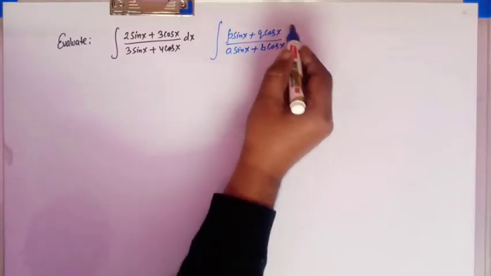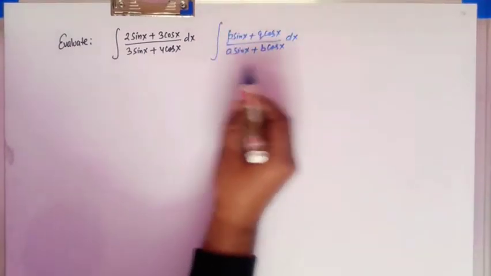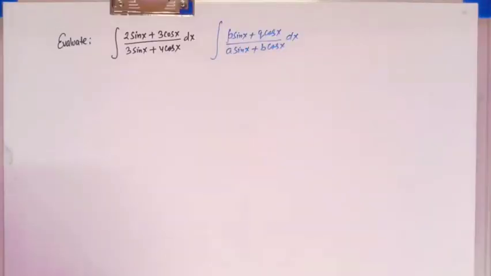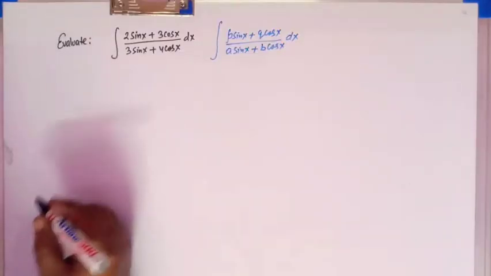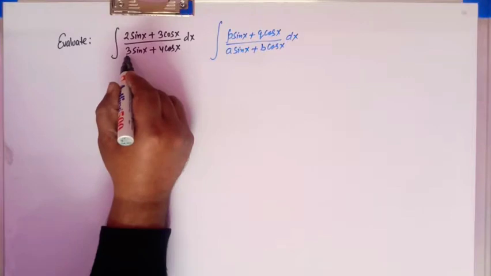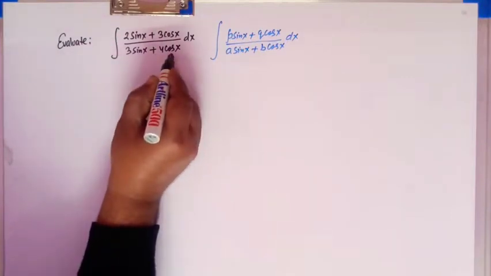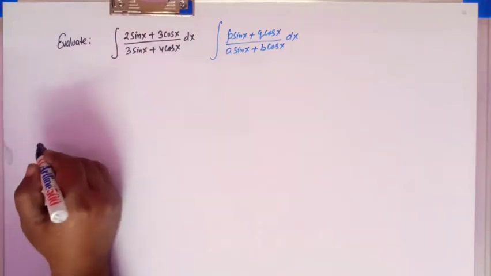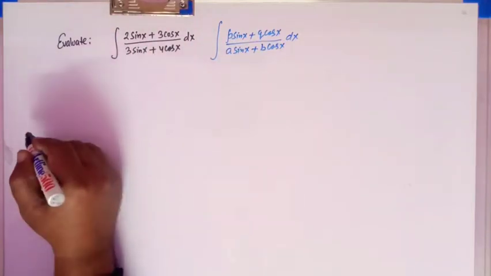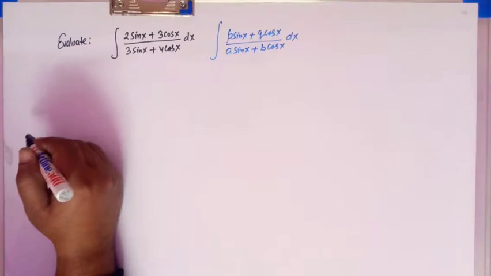To evaluate such integrals, we have to utilize a very special method, and it goes like this. Here the denominator is 3 sin x plus 4 cos x, and the numerator is 2 sin x plus 3 cos x.